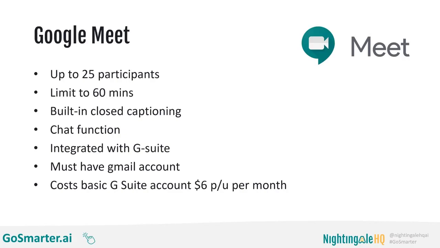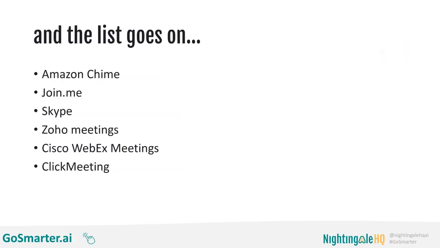Now, Google have got built-in closed captioning on their meetings, as well as the chat function like you had with Zoom. And again, like GoToMeeting, you can have up to 25 participants in your meeting. So again, when you're choosing a video software technology, it's worth looking to have the meeting somewhere where your team already are, because then it makes meetings feel less like they're taking you away from your day-to-day work.